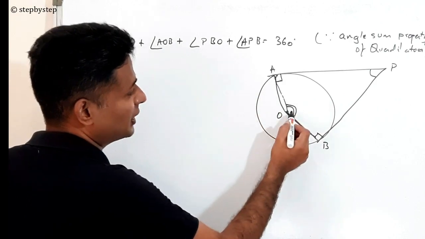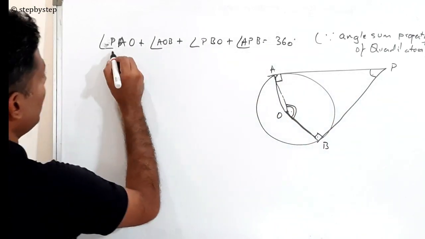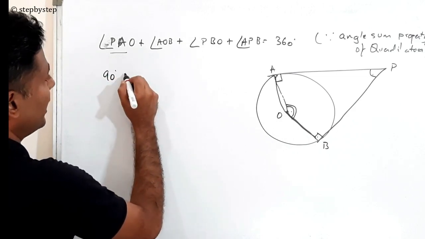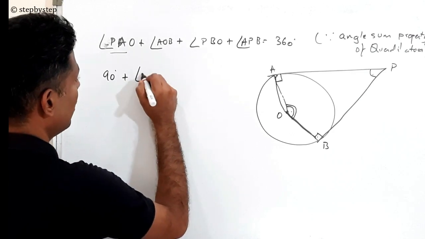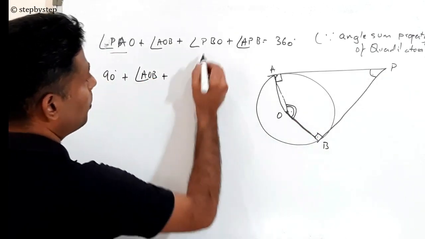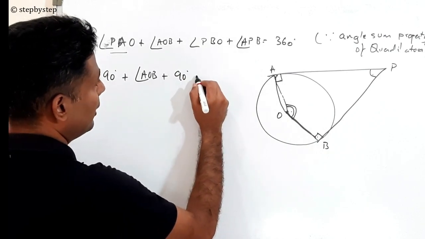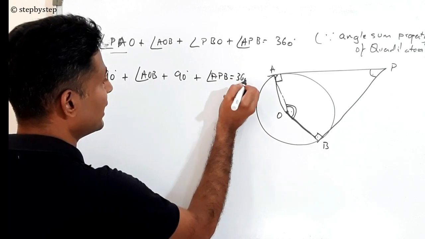So we have this angle plus this angle plus this angle plus this angle. But what do we have? Angle PAO is 90 degrees, right? Because a line from the center touching the tangent. Similarly, we have AOB here plus PBO. Angle PBO is also 90 degrees, plus angle APB equal to 360 degrees.